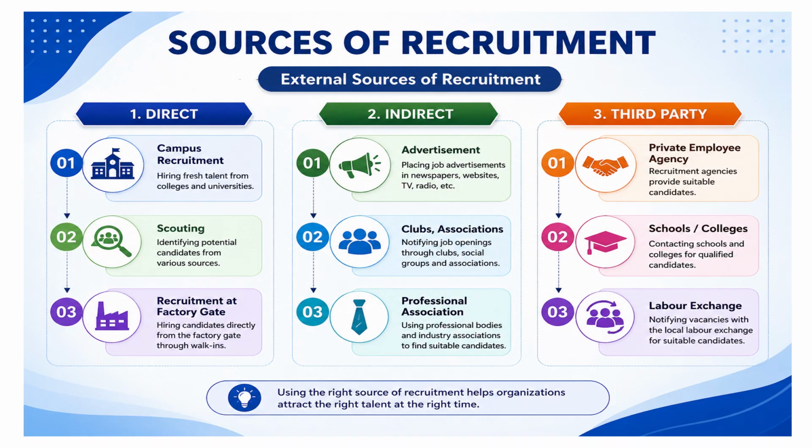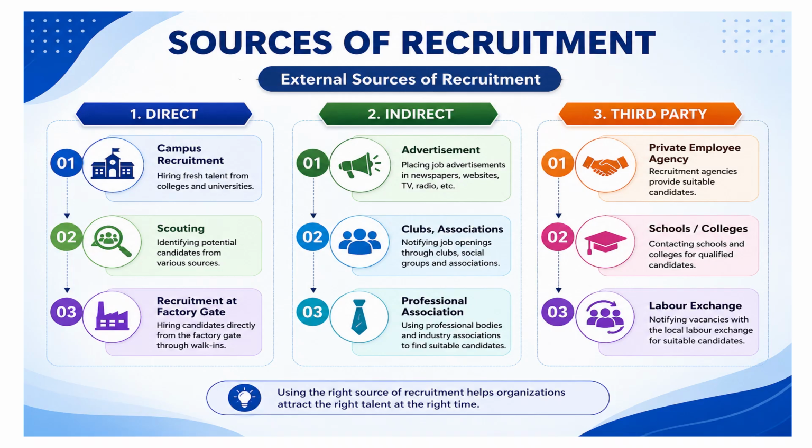For example, a company is looking for a chartered accountant. Then what will the company do? It will inform the Institute of Chartered Accountants of India about the vacancies. So the eligible members can apply for that particular position. So this is called recruitment through clubs and associations.